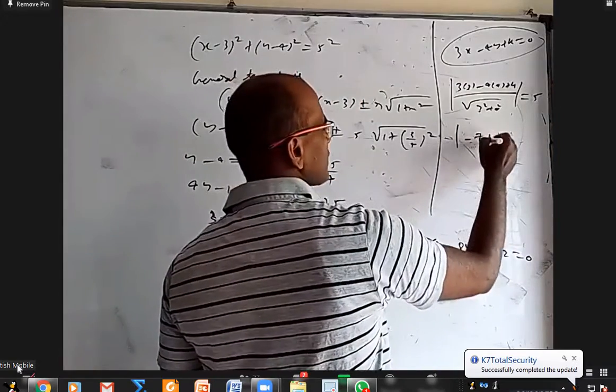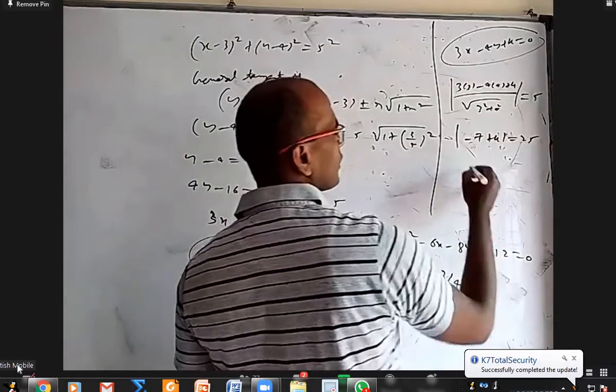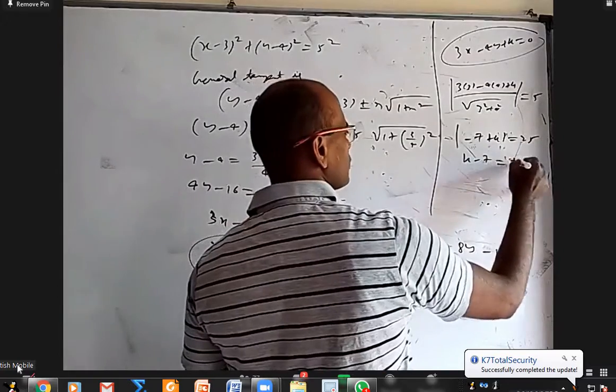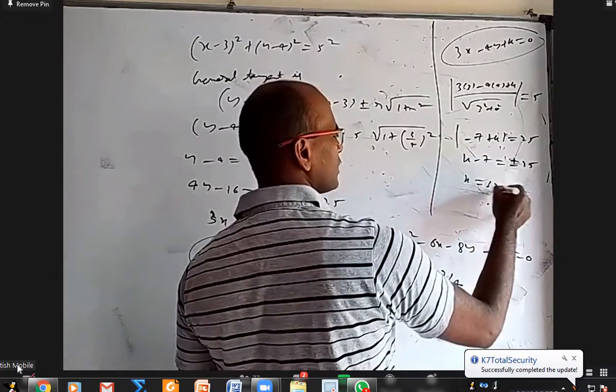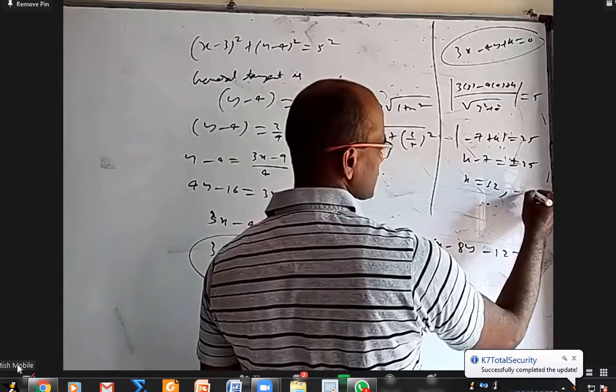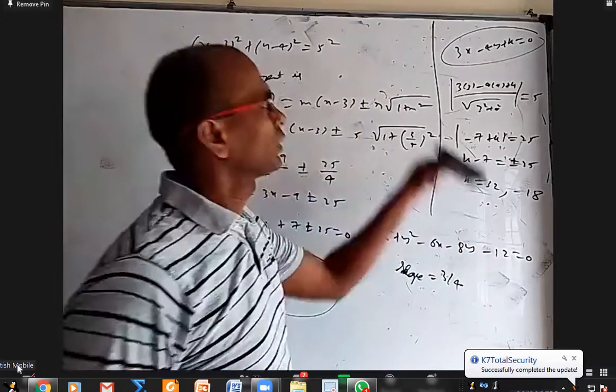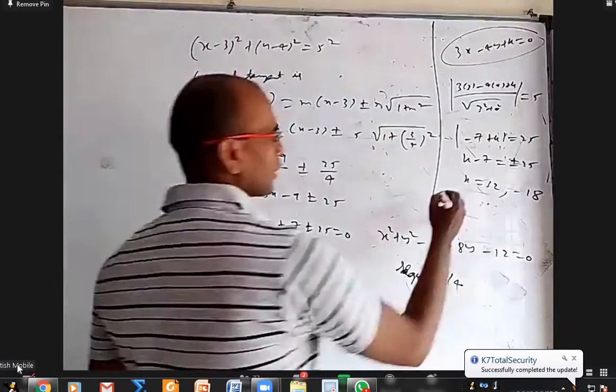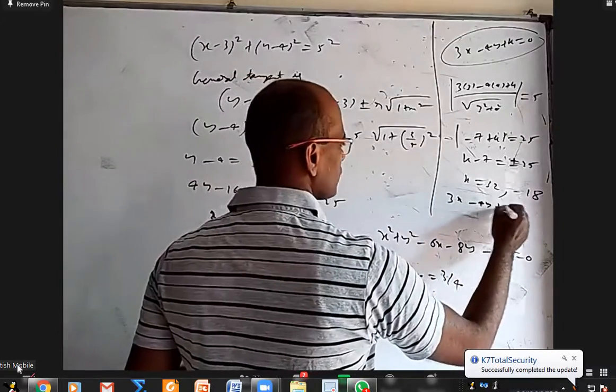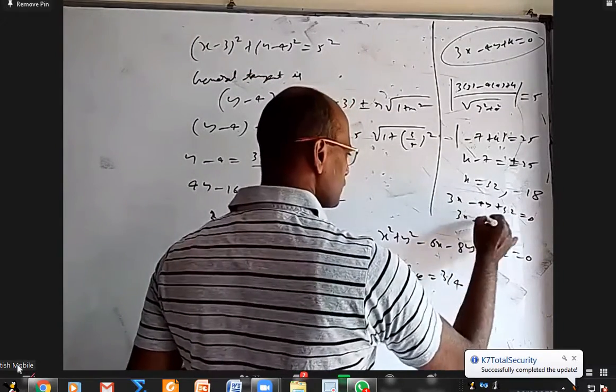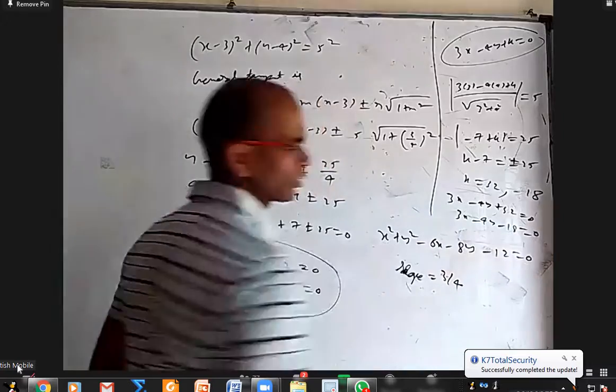That is minus 7 plus k equal to 25. K minus 7 equal to plus or minus 25, get k equal to 32 or minus 18. Put them back, you get same answers: 3x minus 4y plus 32 equal to 0 and 3x minus 4y minus 18 equal to 0.